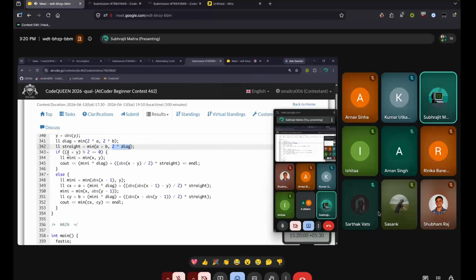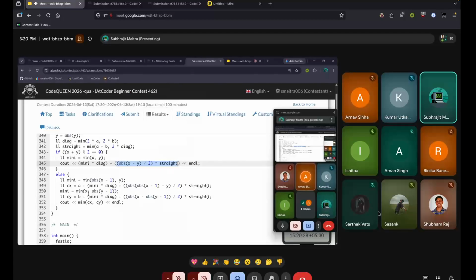Now I check, to reach x plus y, if I need an even number of steps, then I'll take the minimum of x comma y, because till that my diagonal will go. I'll do the minimum number of steps going diagonal. Then how much will be left? That much I'll go straight. Correct?